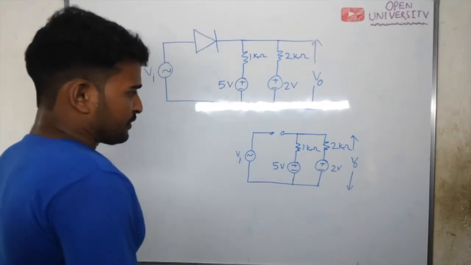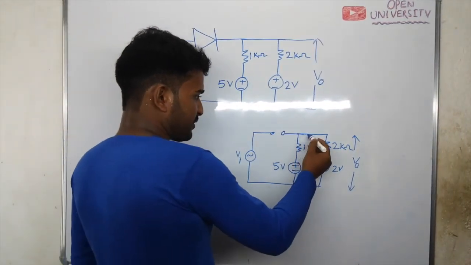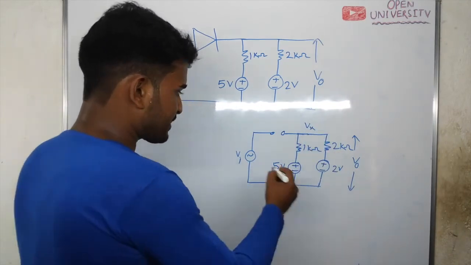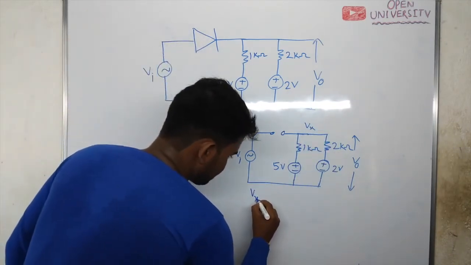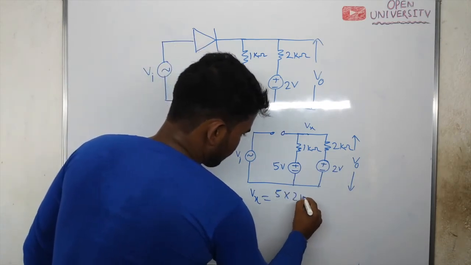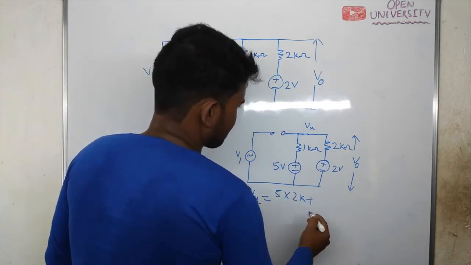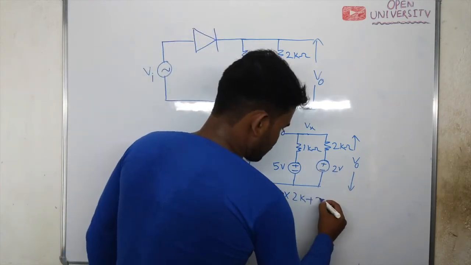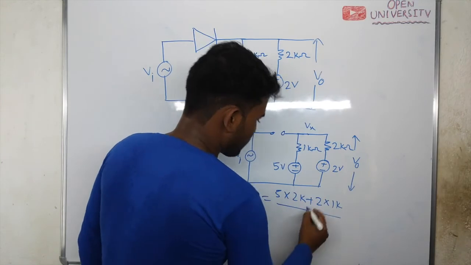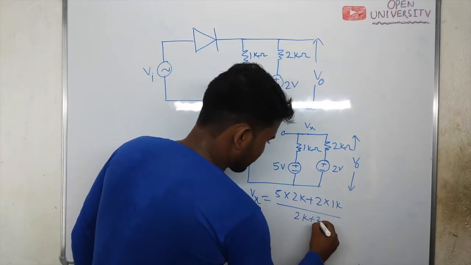So, what is the voltage available at this point? Let it be Vx. How to get Vx? Vx will be V1 into R2, that is 5 into 2 kilo ohm, plus V2 into R1, that is 2 into 1 kilo ohm, divided by 2 kilo ohm plus 1 kilo ohm, that is 3 kilo ohm.